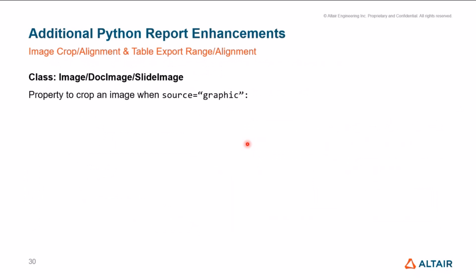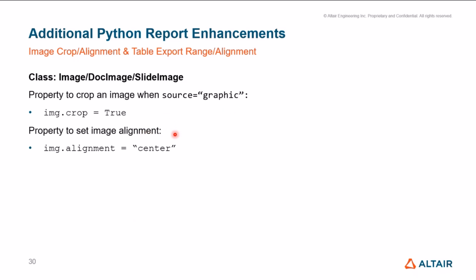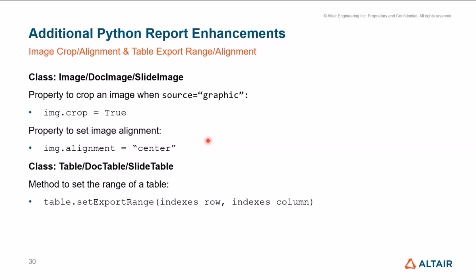And some additional enhancements. There is the crop that comes from the legacy report, and it can be used for cropping images when we capture them from the GUI, or in terms of API, when the source is equal to graphic. We also support alignment, as we supported for 25.0 in text, in image objects as well as in table objects.